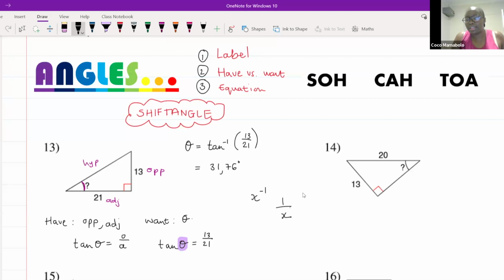So to say that it's to the -1 power is not exactly accurate, which is why I keep saying arctan. And that's why Emmanuel keeps writing the arc of sine or the arc of cos, because technically it's not the inverse. It's how we find the angle. Okay, does that answer your question, Tristan?